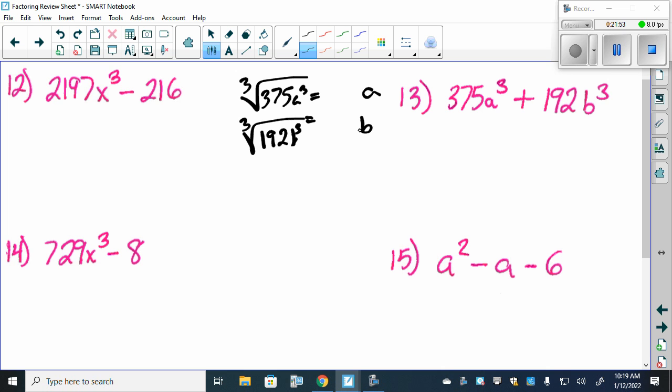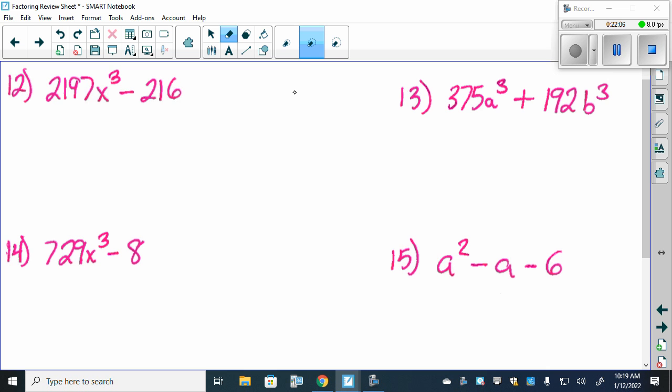Well, we can for our a and b. Now the 375, okay, both of those come out as a decimal. So what we need to look at now is to see if there is a number that goes into both of these that would reduce it down into a perfect cube.